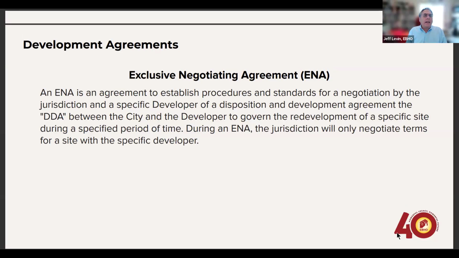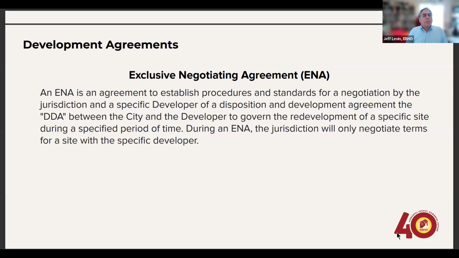So the ENA may describe some specific parameters that'll be discussed. The really important part about an ENA is it is an exclusive negotiating agreement. The jurisdiction promises that for the duration of that agreement, they will not negotiate with anybody else.